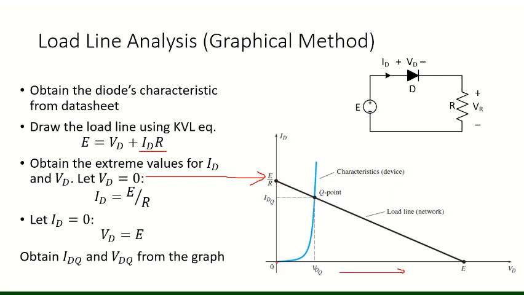So E is equal to VD plus 0 into R, so E is equal to VD. We just put another variable E, which is the potential. The value of E can be written here. Let E be equal to 10 volts.